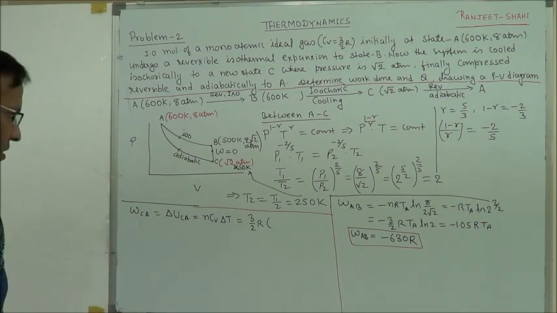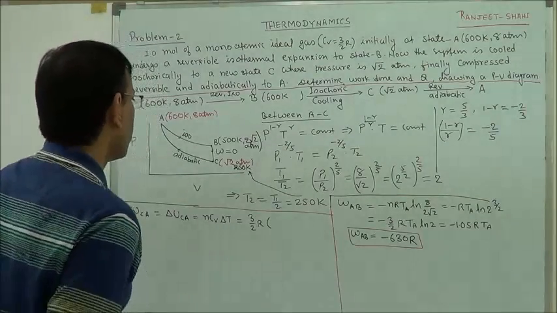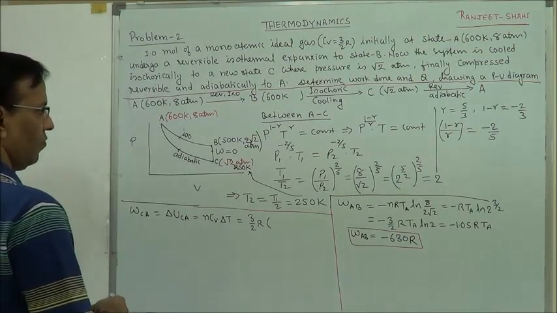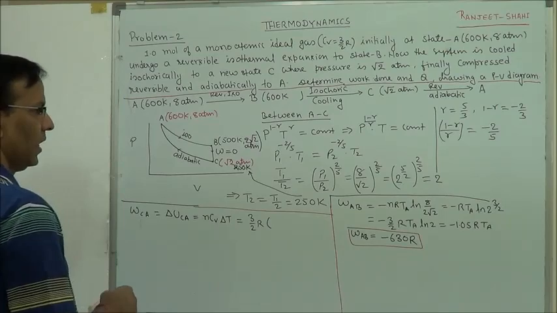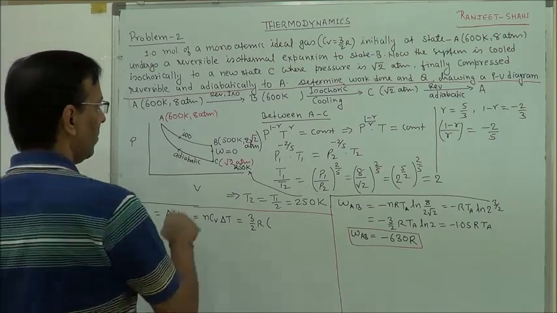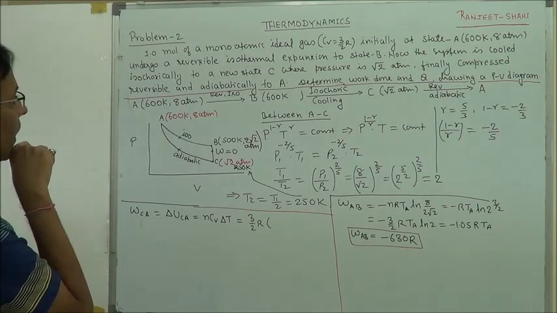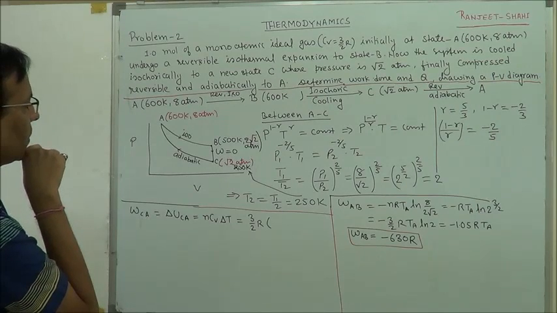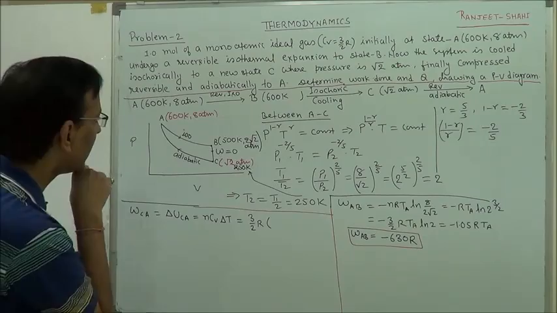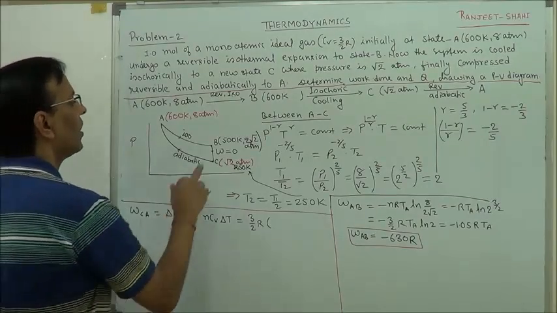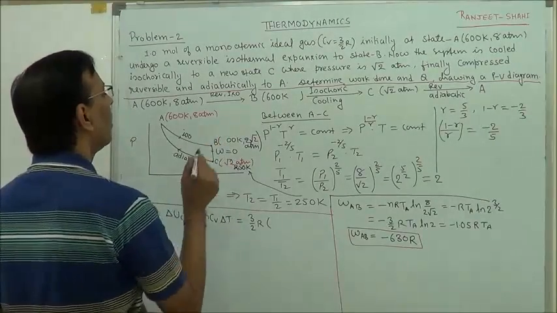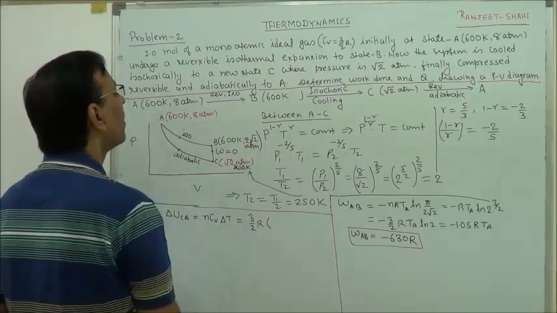something wrong is going on. We have taken here 600. So if it is 600, how can it be 500? It is 600.